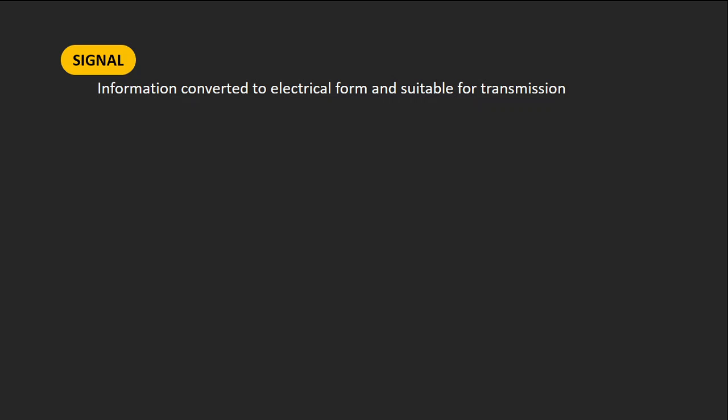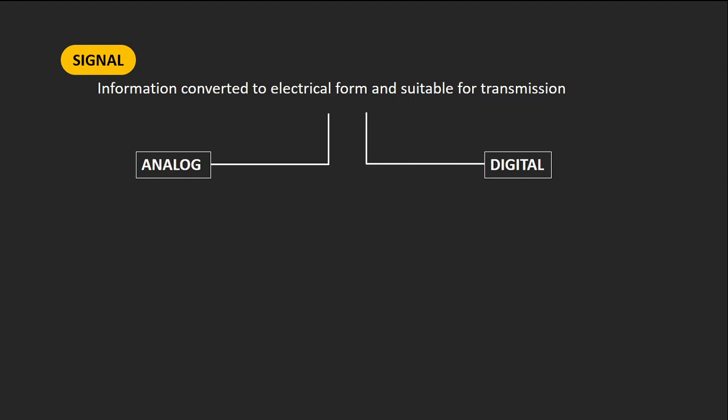The speaker is going to receive the signal, which is nothing but information converted into electrical form. So any signal that we are going to understand is nothing but an electrical form signal. Now this electrical form signal is divided into two types, analog and digital.